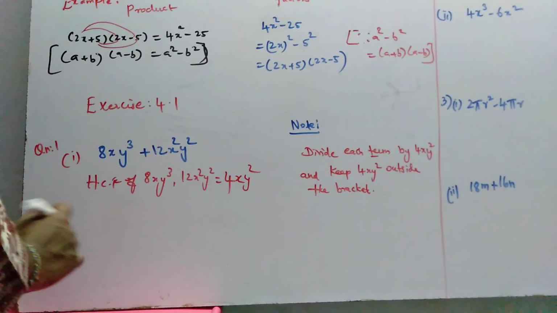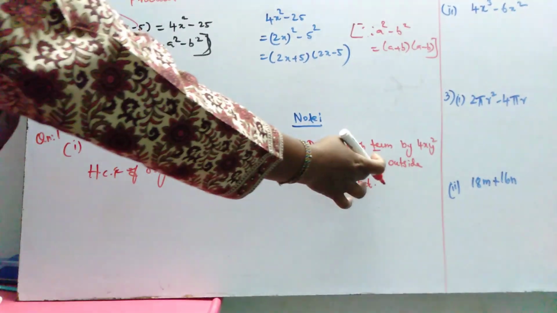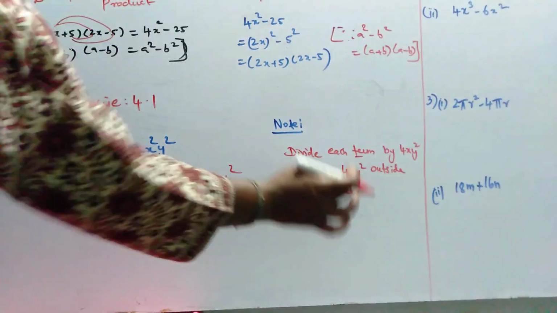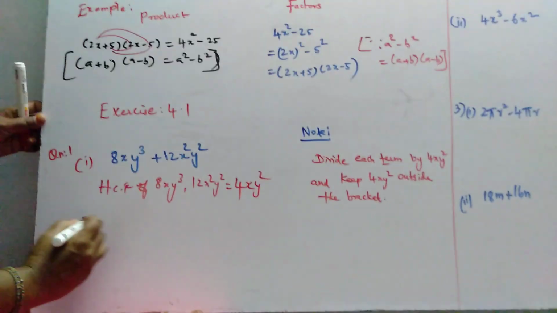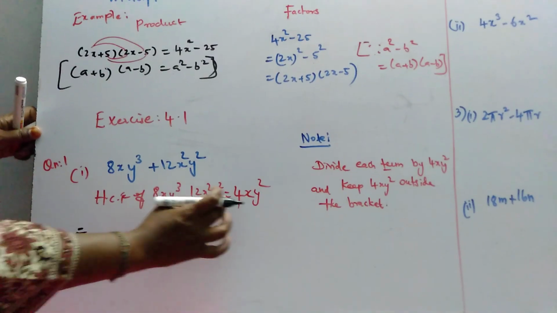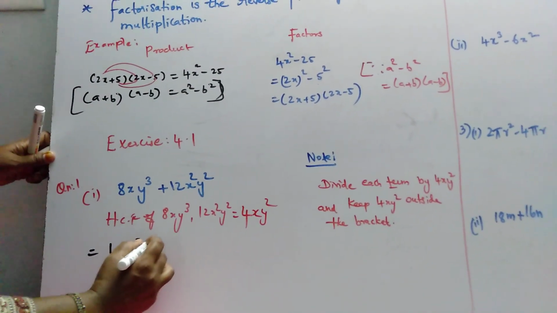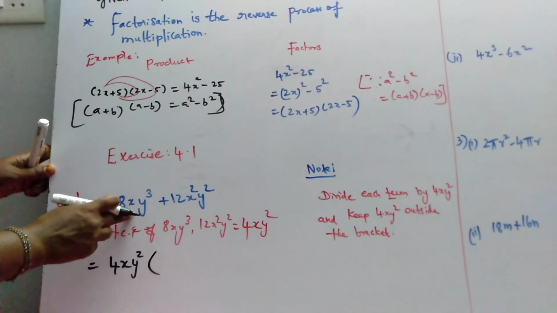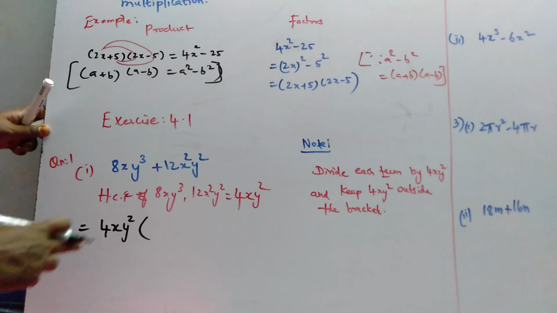In the next step, we have to divide each term by 4xy square and keep the 4xy square outside the bracket. We are going to take this HCF as a common factor, the common term 4xy square. This is the first term, 8xy cube.